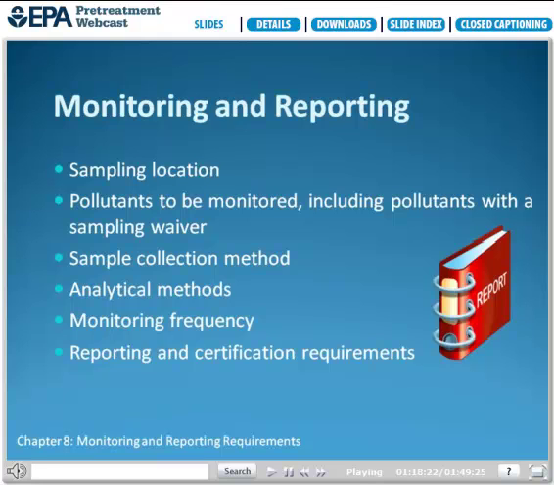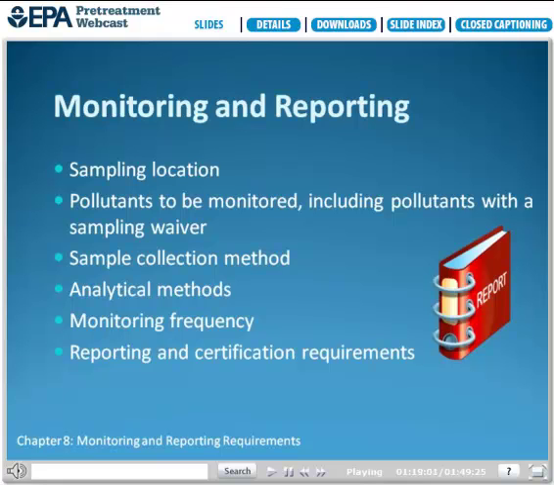The pollutants to be monitored, including pollutants with a sampling waiver, sampling collection methods, whether it's a grab or a composite or a flow proportioned composite, the analytical methods, and that's very important because recently there were changes to Part 136, and the correct analytical methods must be described in the permit, at least as far as a reference to 136.